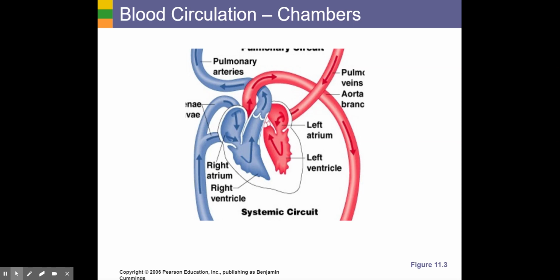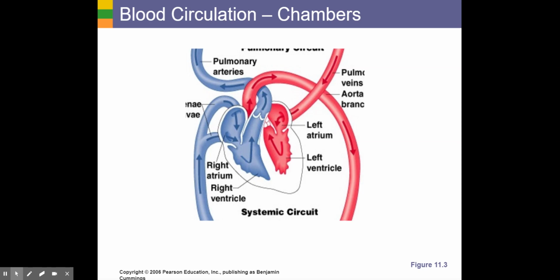Once the blood gets there, it's now in the top of the left atrium. It then has to pass through another cuspid valve. In this case, it is the bicuspid valve. So we're bringing blood back through here. That will get us into the left ventricle. From the left ventricle, we are going to go through a semilunar valve. So this is the aortic semilunar valve, right? And that's going up into the aorta.